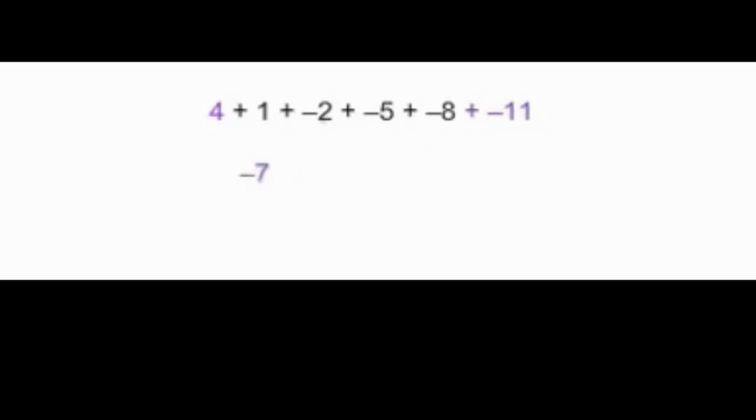Let's see what they do next. Now they took the second one and the next to last. Look, the 1 and the -8. And when they add those together, that also equals -7. So now they're taking the middle two numbers, -2 and -5, and adding those together. Okay, that kind of leads to something interesting. We got -7, -7, -7 when we took the pairs from the ends and added them together.